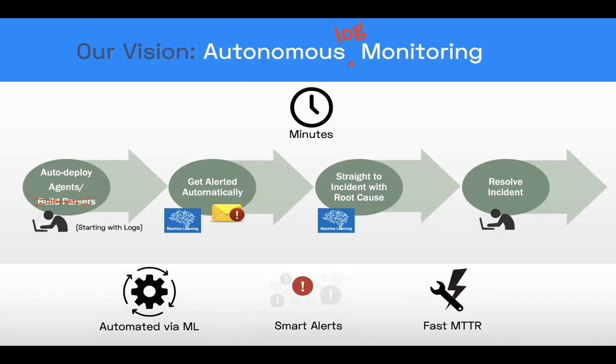So as I mentioned, the whole process is automated by machine learning. The alerts are smart. They're not static manual alerts, so they evolve as anomalous patterns are detected that indicate an incident. And we massively speed up the mean time to resolve.